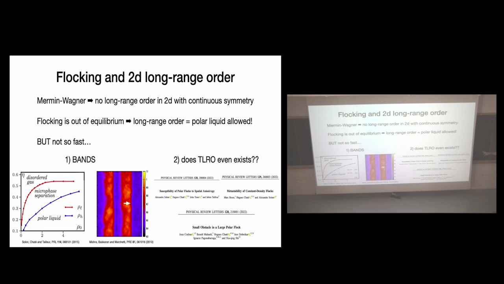Because especially this group of people has started in the last year to work on the Toner-Tu equation, which is the equation that describes at the field theoretical level the evolution of flocking, and trying to perturb it in many ways, introducing a spatial anisotropy or introducing a small obstacle that perturbs the homogeneous state of polar flocking. And so these people have some arguments that this question is actually an open question at this stage.